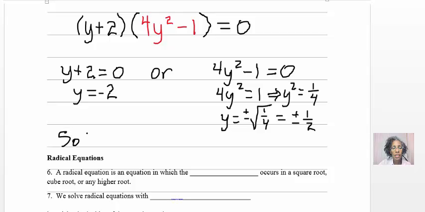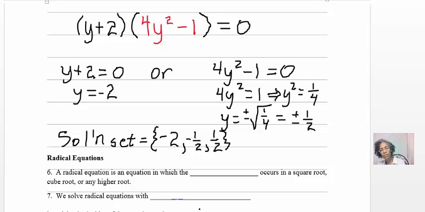So my solution set consists of these three solutions: negative 2, negative 1/2, and 1/2. So that would be my solution set.